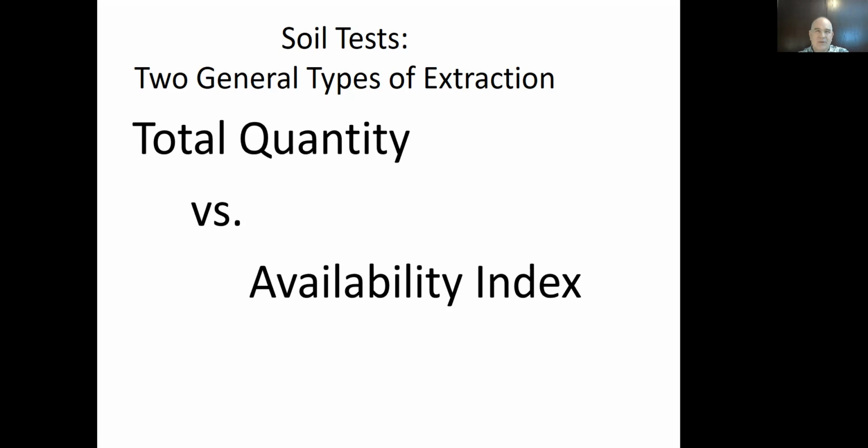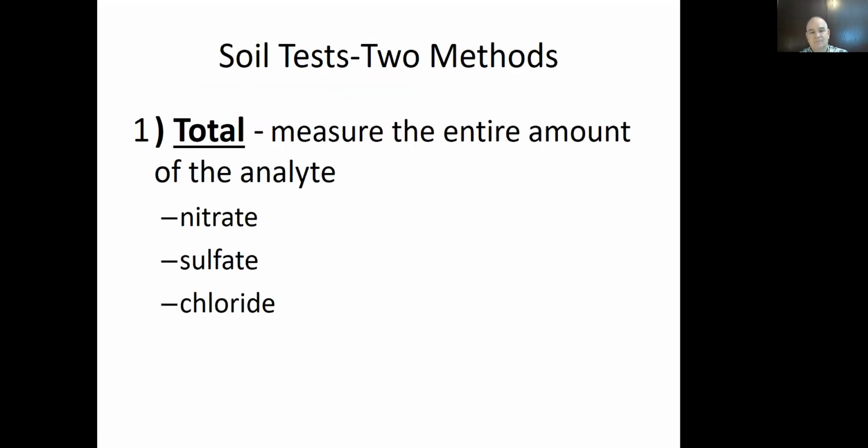But we sort of have two types of nutrition tests. We have what we call a total quantity, as well as an availability index test. So the total would be situations where we're extracting the entire amount of an analyte, such as nitrate. I want to extract all of the nitrate from the soil.